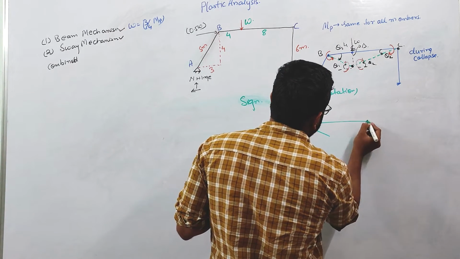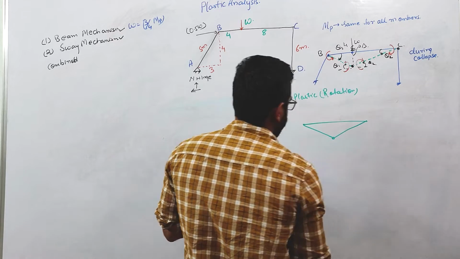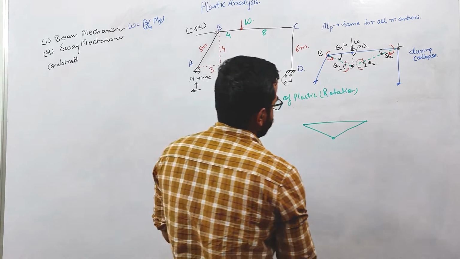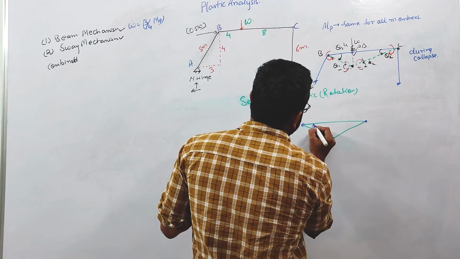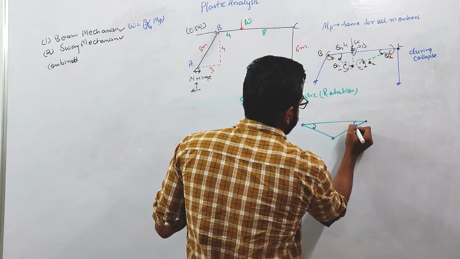Let us suppose this is our beam mechanism. Plastic hinges are forming at these locations. So here this is the direction of rotation basically.